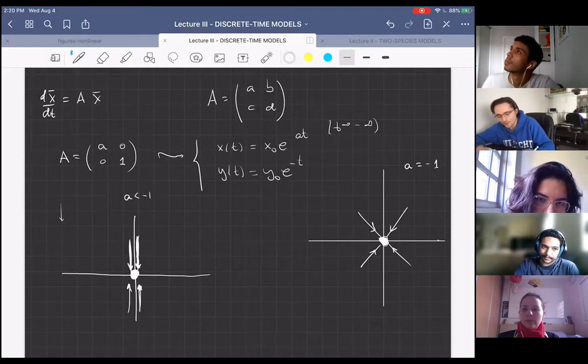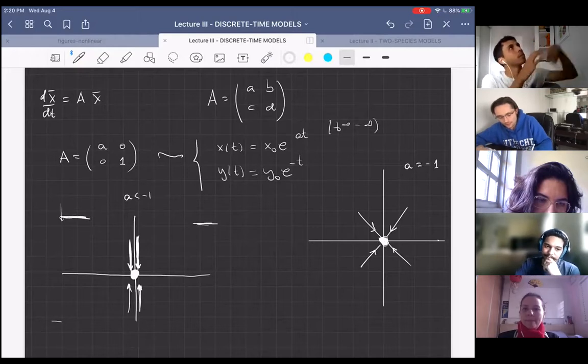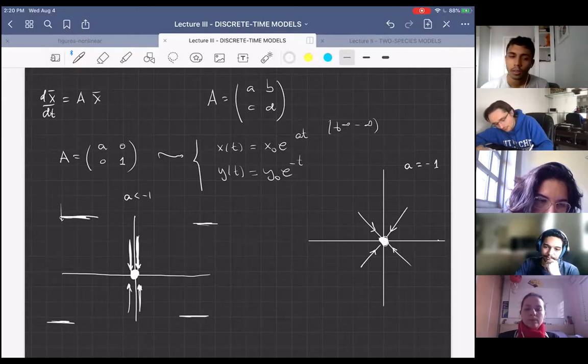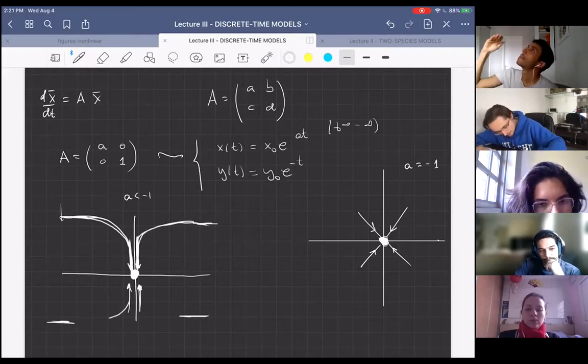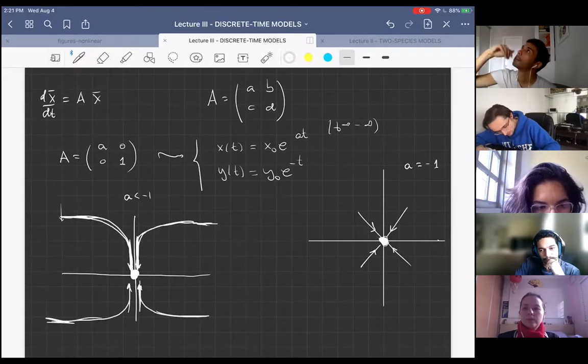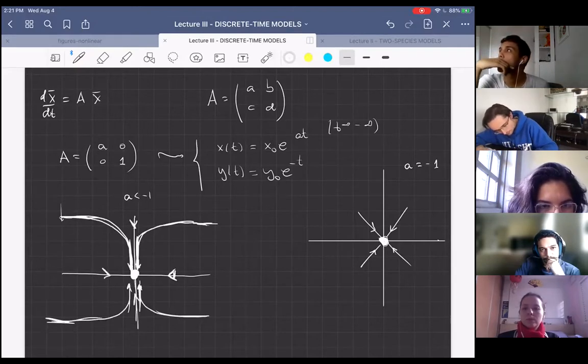Yes. So in principle, when time is very, very much into the past, I have something like this. So I can sketch my trajectories by putting these pieces together, saying that this is the kind of dynamics that I would get from this case.